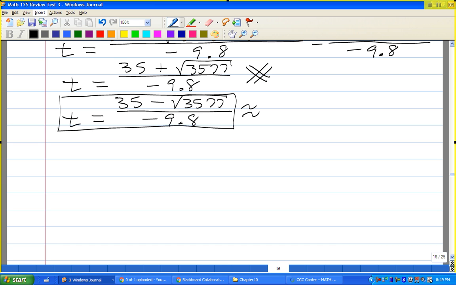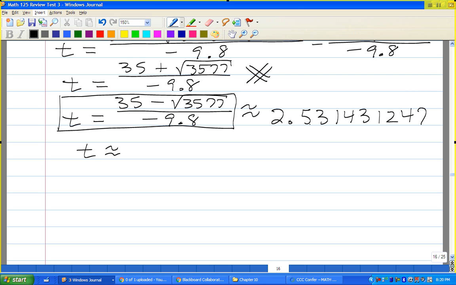So we get approximately 2.5314.31247. And we want to approximate this to the nearest tenth of a second.